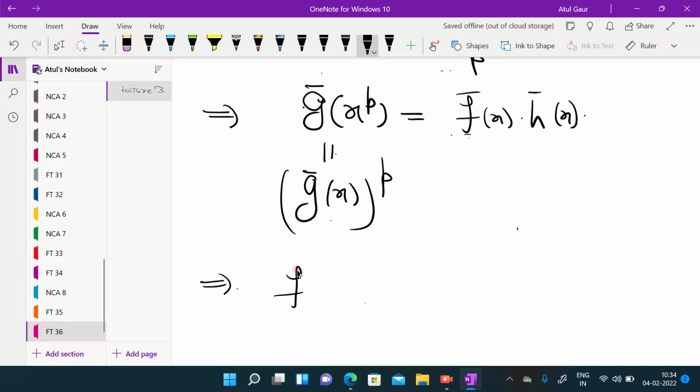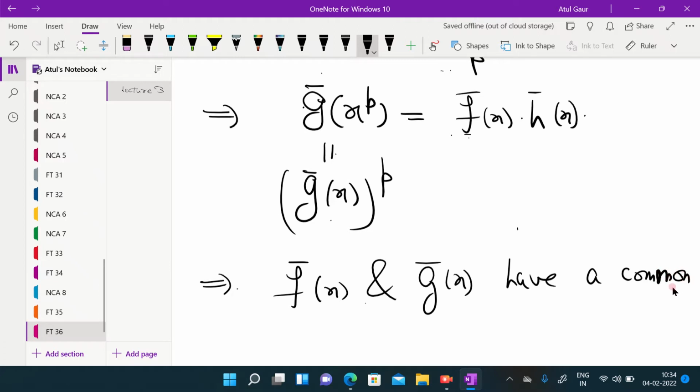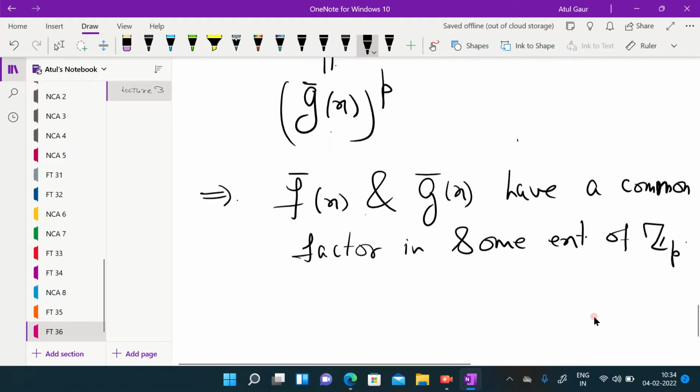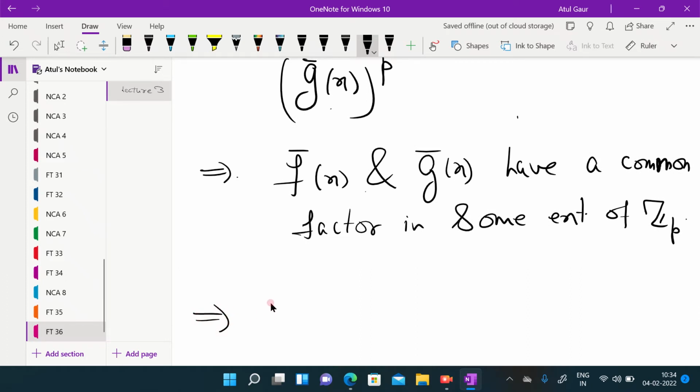So that means f bar(x) and g bar(x) have a common factor in some extension of Z_p. So if they are not relatively prime in some extension of Z_p, they will not be relatively prime over Z_p too. Is that fine? Yes, sir.